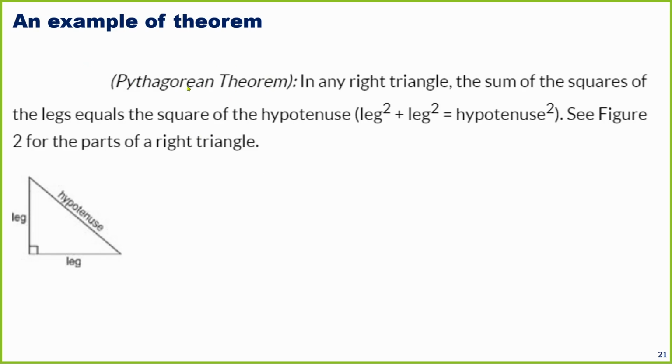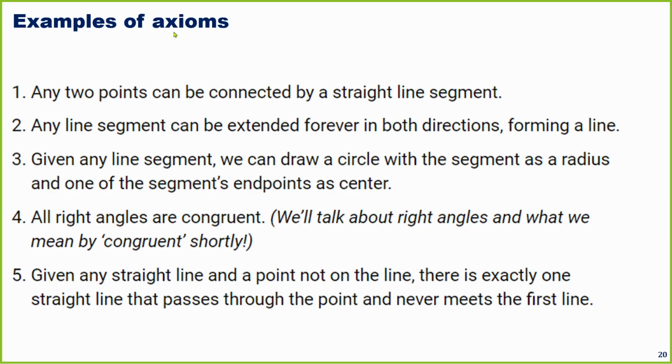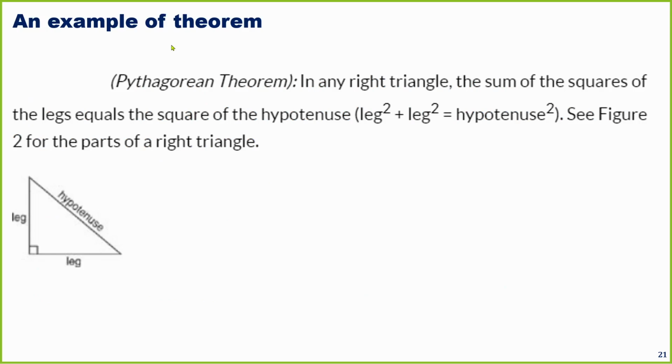Don't worry, you don't have to prove it now. We'll have the chance to prove this later in this course. Okay, here are just examples to differentiate a theorem and an axiom. You don't have to prove an axiom, but for a statement to be a theorem, you must prove it. Okay, the only thing we can use here is any axioms or theorems that have been proved.